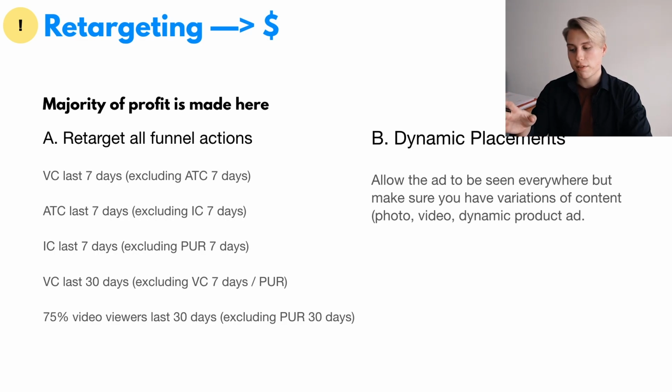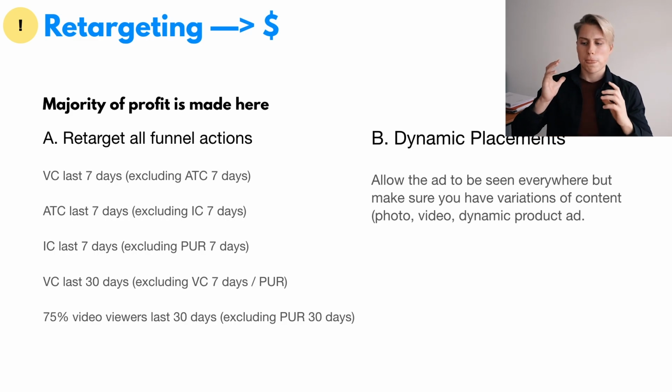Keep in mind, this 75% video viewers is on your cold interest targeting, not on your PPE that you ran earlier. Okay. Dynamic placements allow the ad to be seen everywhere, but make sure you have variations of content. What I mean by that is previously we chose just Facebook feeds and Instagram feeds for the cold interest. For retargeting, we want to really just give it to Facebook and let Facebook show that ad everywhere they possibly can.